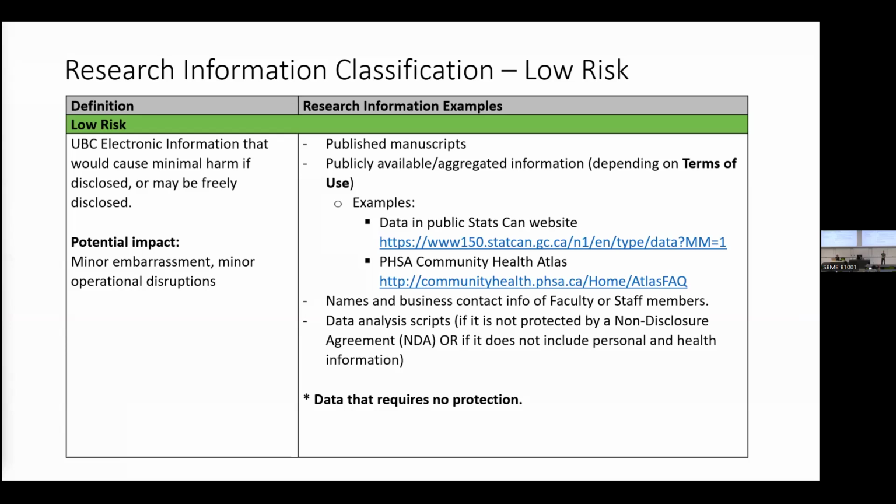So for us, if it comes from StatsCan, or if it's something that you got in a repository that's publicly available, this is public data, and it's considered low risk because even if the data were lost or stolen or compromised, the data is already available out there, so it cannot really be stolen. One thing to keep in mind: at UBC, business contact information of staff and faculty is considered low risk because it's not considered personal information, since this information is usually already available publicly.